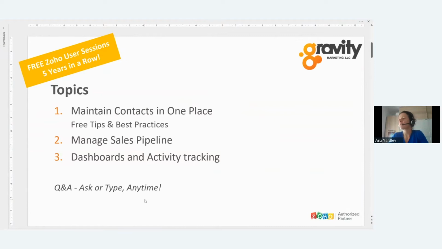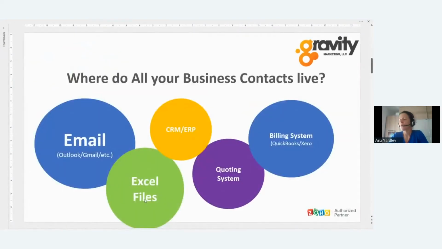Quick question, as a bit of a reflection point before we show how to do it: where do all your business contacts live? Are you currently using a CRM for everything? Most people are not. From our experience, most contacts still live in Outlook and individual people's email accounts, Outlook, Gmail, whichever system you're using.